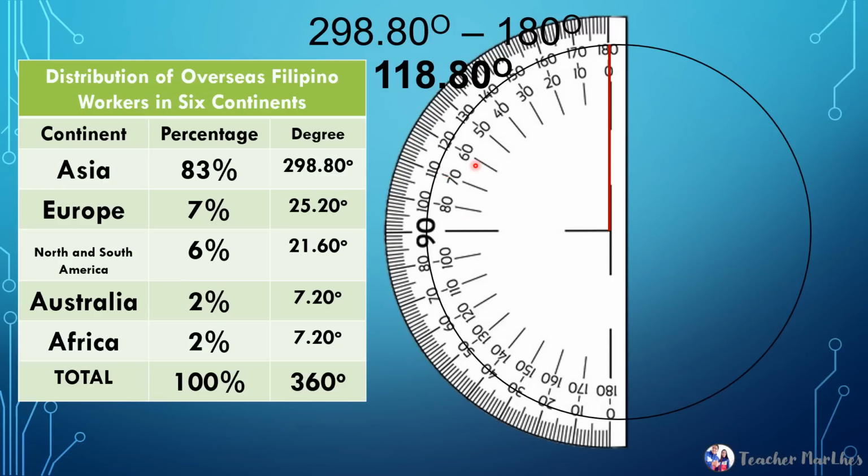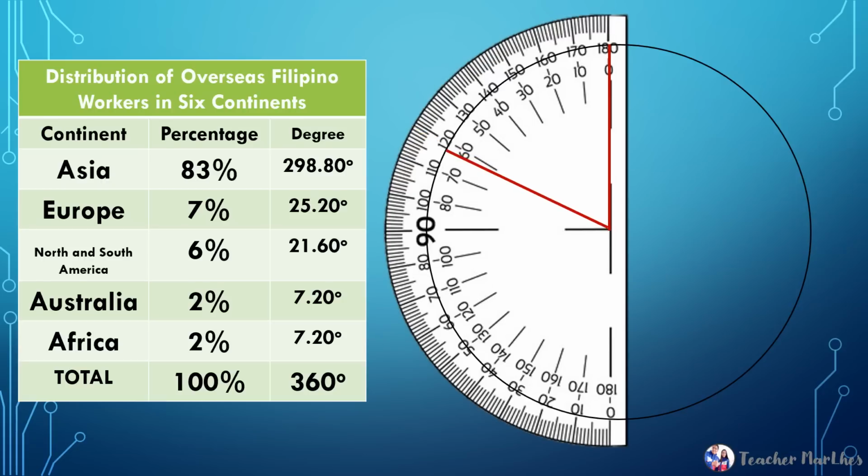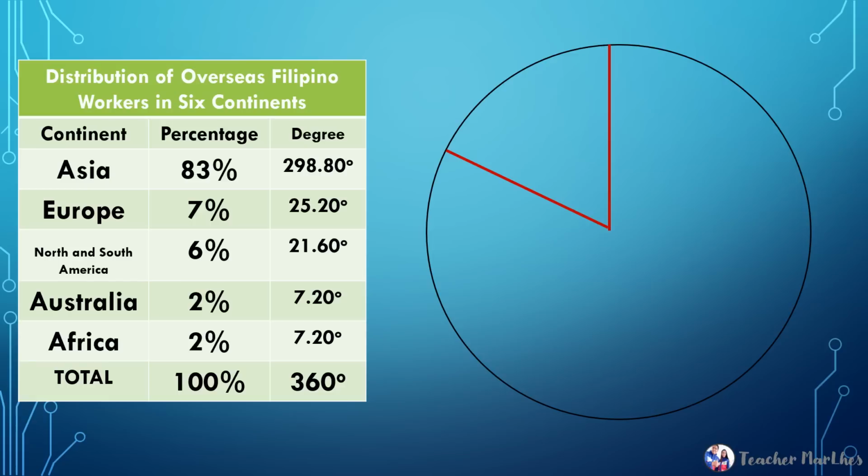So, nasa gitna siya ng 118 and 119. So, kapag nahanap nyo na, ilalagyan na natin ang guhit simula sa center ng circle. Ayan. So, next is to label the part of the circle that we draw. So, ang part na ito ay Asia with 83%.